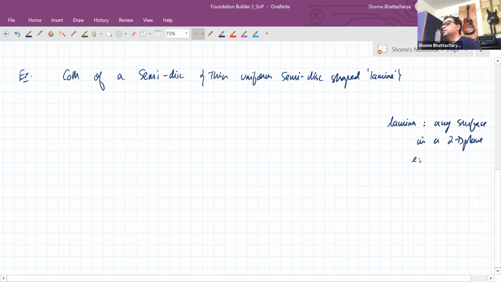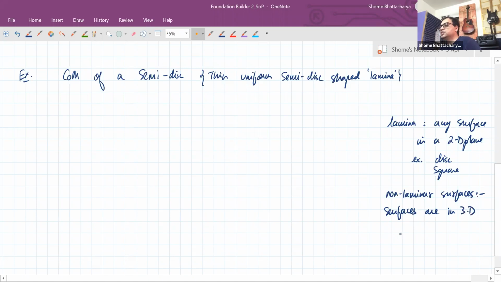like a disk or a square or any such surface, whereas non-laminar surfaces are surfaces that exist in three dimensions.